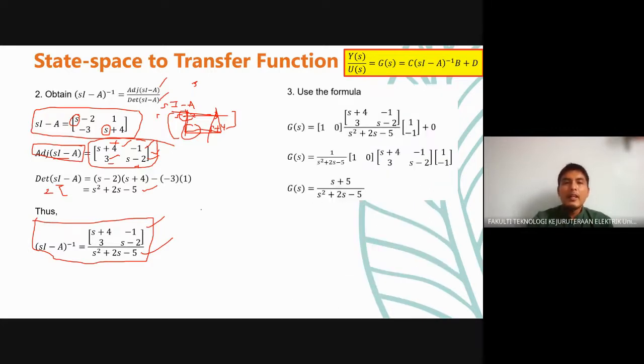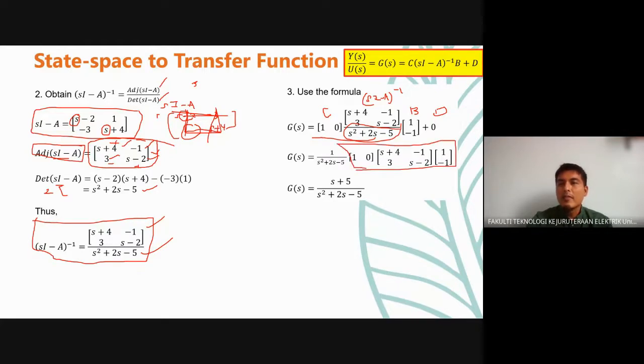And then after you obtain sI minus A inverse, you just plug into the formula. This is C, and this is sI minus A inverse, and this is B plus D. D is 0, so you can take out, move the determinant to the front, and leave the matrix only.